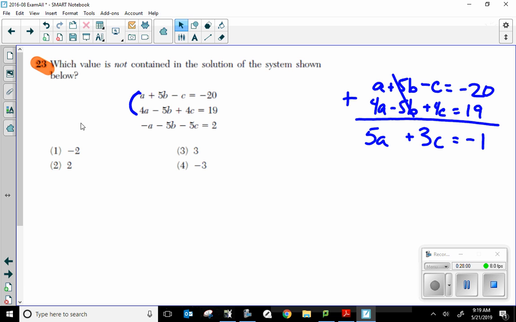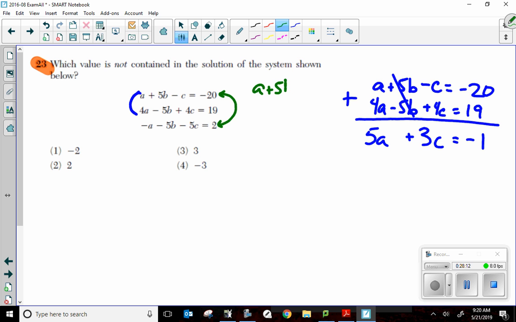All right? So now I'm going to take 2 more equations. I'm going to take the first one and the last one. I'm going to do the same thing, combine them, and get rid of the b's. So I've got a plus 5b minus c equals -20. And I've got -a minus 5b minus 5c equals 2. Let's add these.